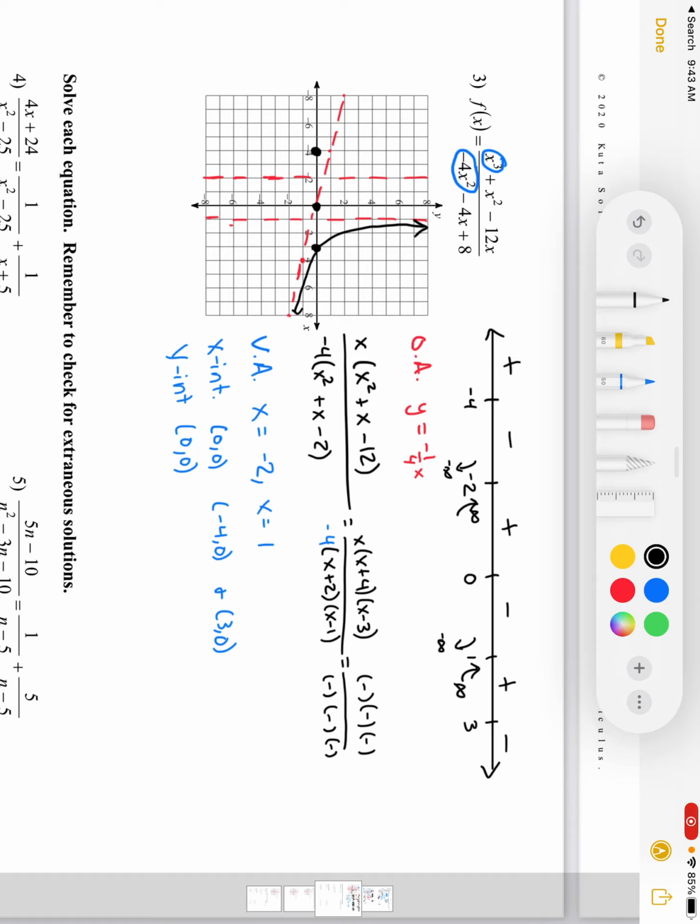Is there one more point we can put in between -2 and 0? Let's do x equals -1. When x is -1, we're going to get -1 times -3 times -4 divided by -4 times -3 times -2.